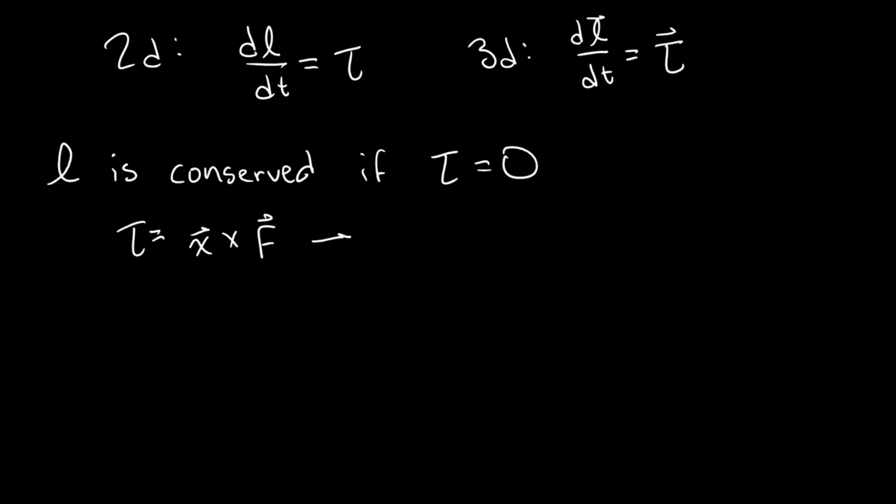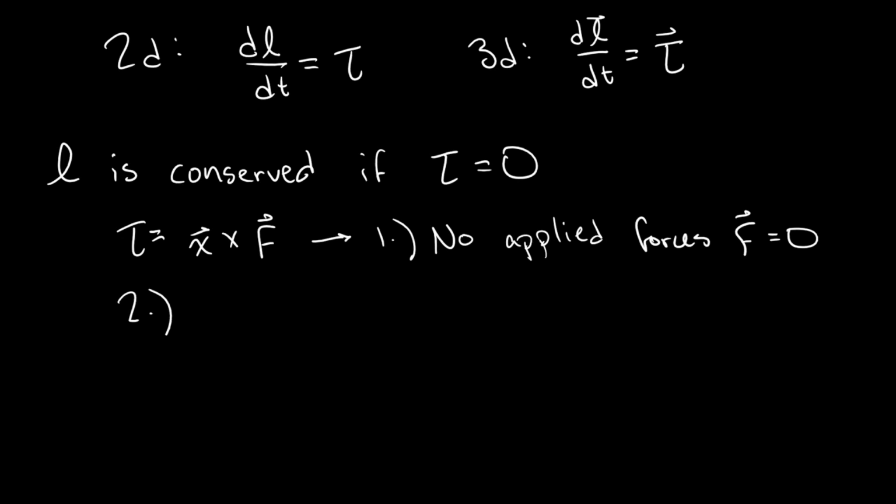The first is if there are no applied forces, in which case F equals 0, and this is very simple. But there is a second case where all of my forces are parallel to my position vector, in which case there are no perpendicular components, and by the definition of our cross product, this is 0.